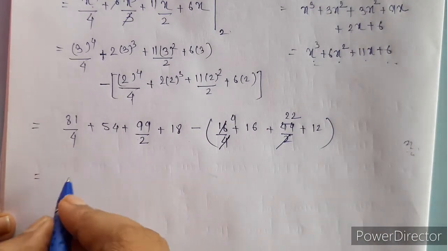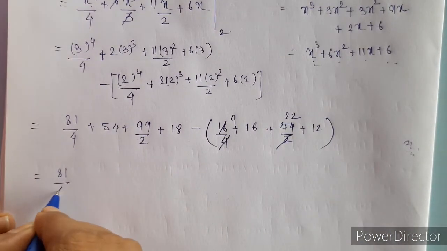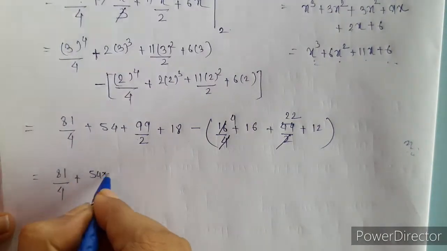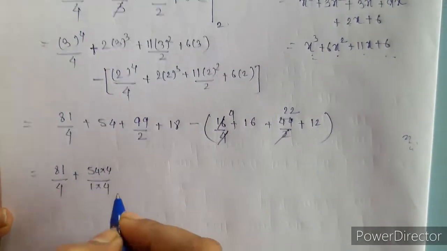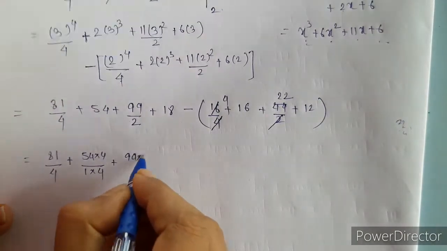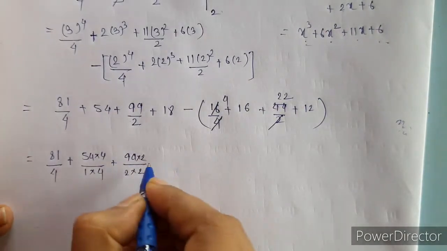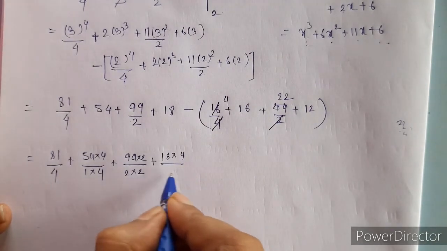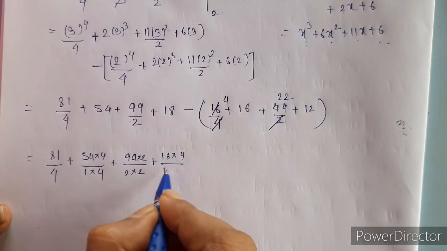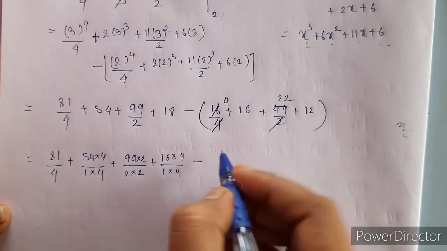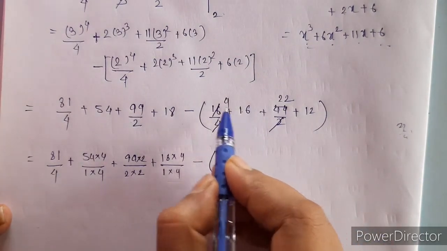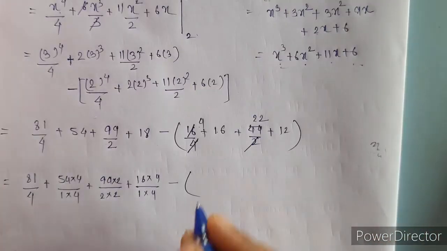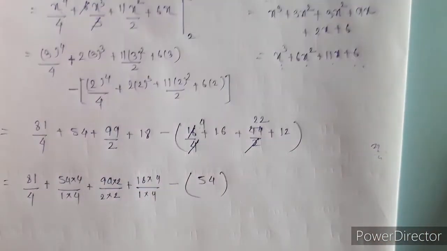Now in this case we have to take the LCM. So 81 by 4 keeping as it is, 54 by 4 upon 4 plus 99 by 2, 2 into 2 plus 18 multiplied by 4, 4, minus 16 plus 4 plus 22 plus 12. So this is equal to 54.